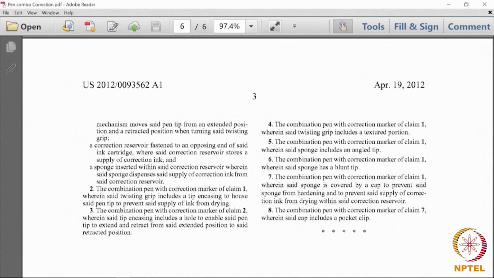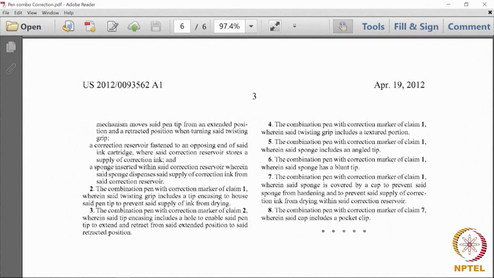Now, claim 1, which we just saw, is what we call an independent claim. It is independent because there is no need for you to refer to anything else to understand the claim. Whereas claim 2 onwards, all the other claims here are dependent claims, and we call them dependent because you cannot get the full essence of those claims without having to read some other claim.